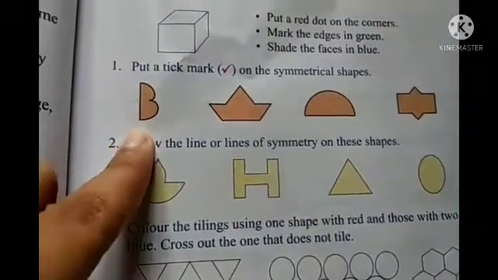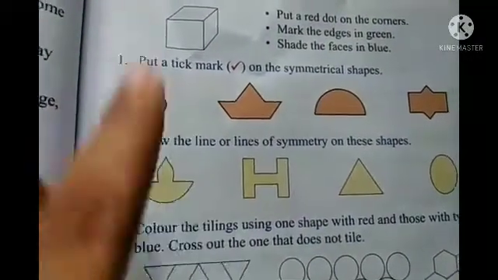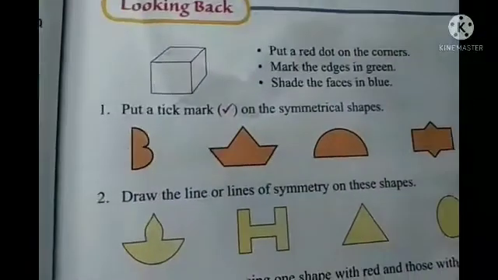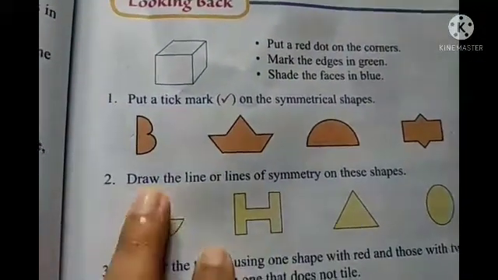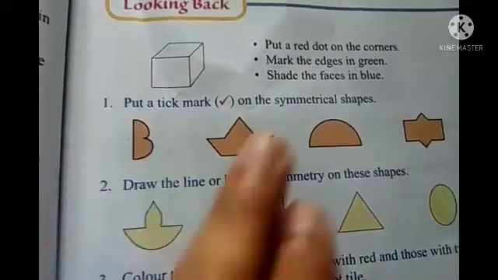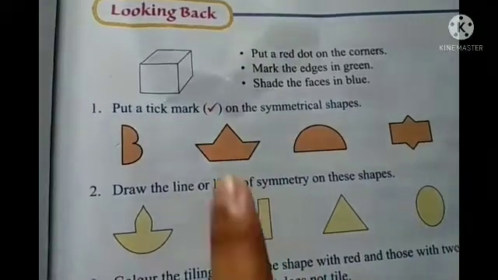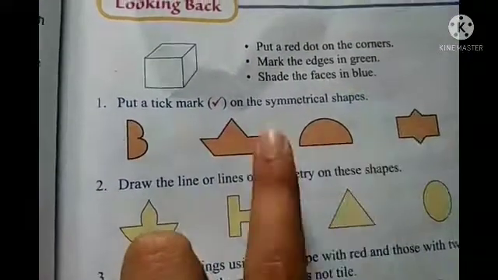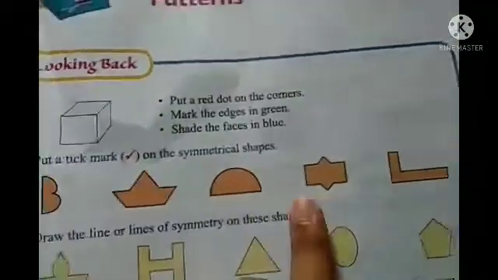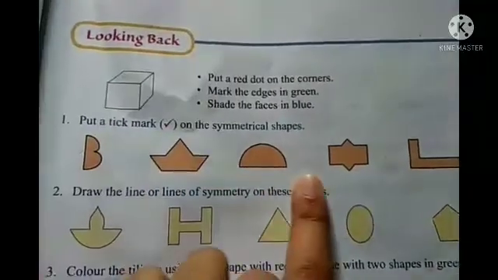But here you see this is a shape where the upper part and lower part are not the same, and if you draw a vertical or horizontal line, then also it will not be a symmetrical figure, because wherever you divide, it will not be the same. But here if you draw one symmetry line like this, then yes, this side and this side will be the same. So yes, it is a symmetrical figure. This one also, this one also, but this one no. So you can tick these figures.